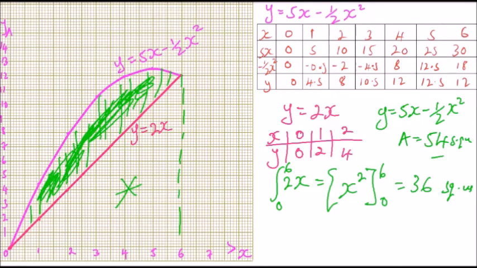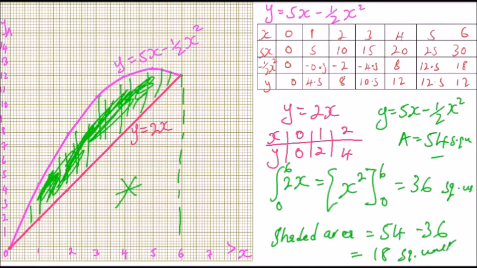Once you get that area, then you say the shaded area, which is the area that we want, is equal to 54 minus 36, which will give you 18 square units. So that is this area, the one that I'm shading here.